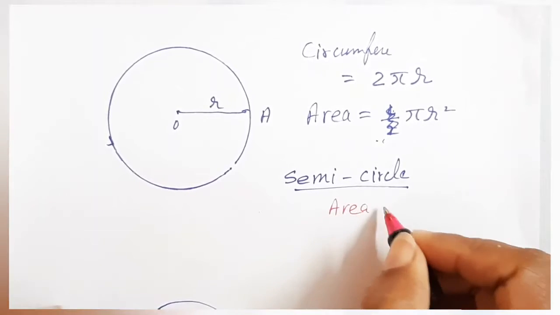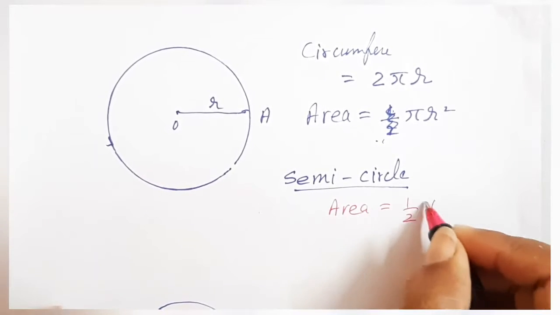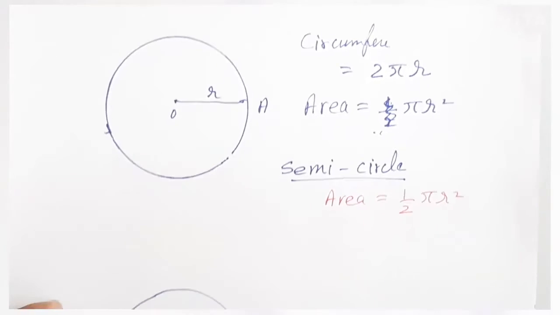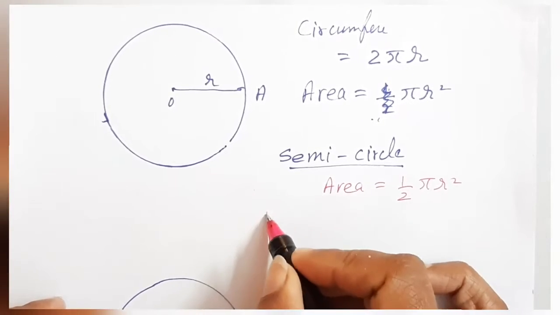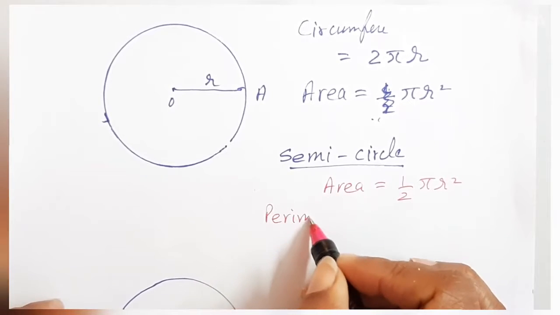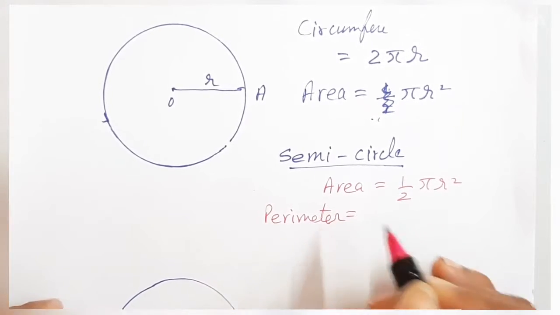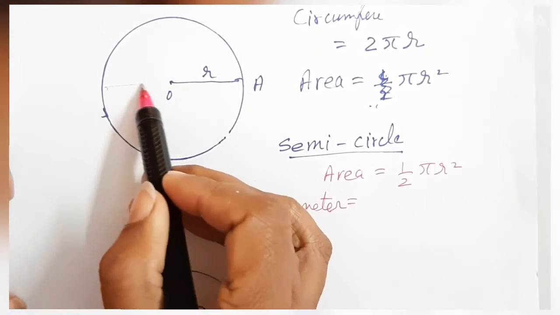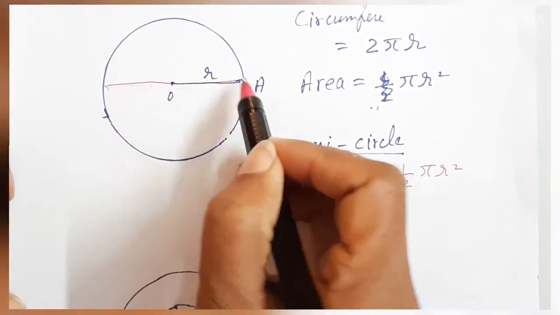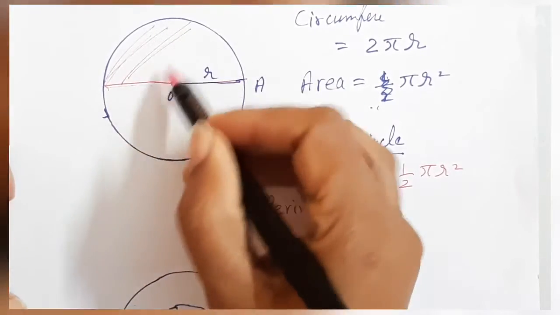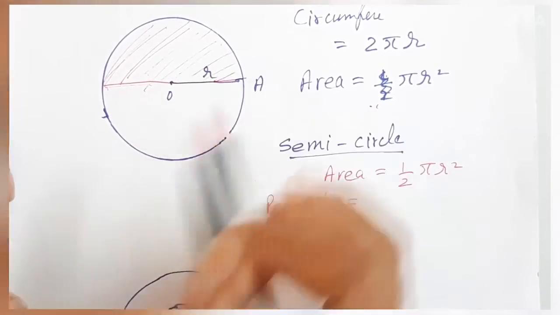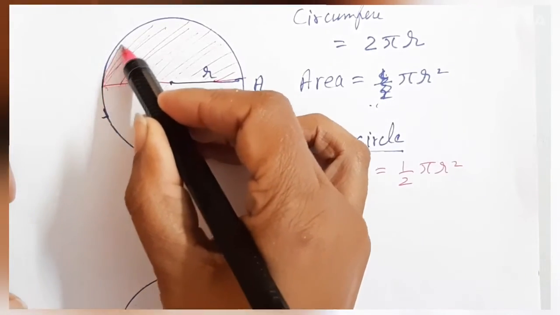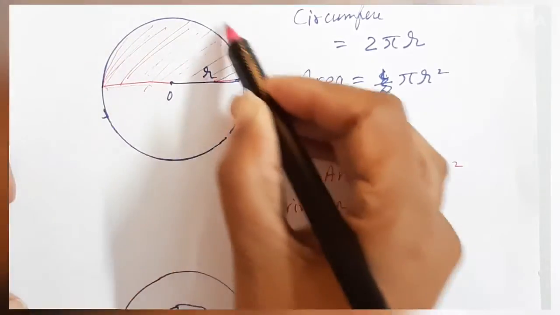In case of semicircle, the area is half pi r square. Clear? And in this case, how to take perimeter here? See, this shaded area is the semicircle. So what is the perimeter here? Now the total perimeter was 2 pi r.